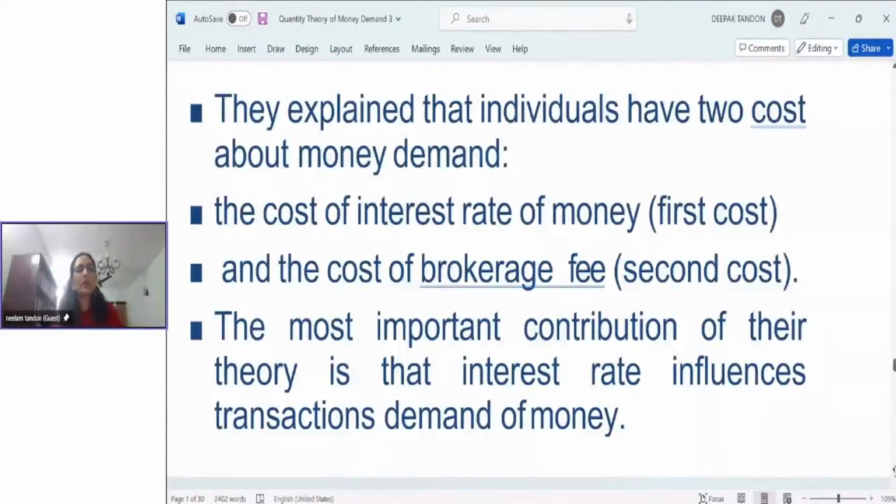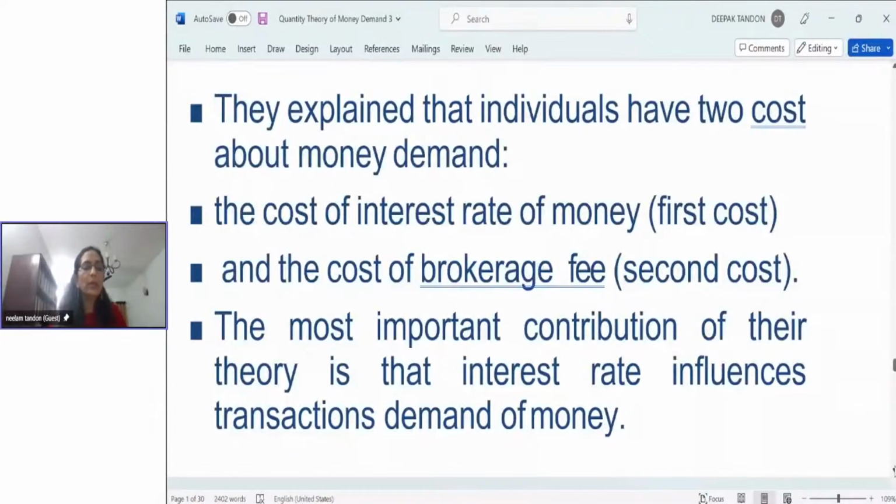So the most important contribution of their theory is that interest rate influences transaction demand of money. Because if interest rate goes up, your opportunity cost will go up. Opportunity cost goes up, that means you want to go for more investments in bonds. If you invest in bonds and if the interest rate fluctuates quite often, then in that case, your brokerage fee will also go up.